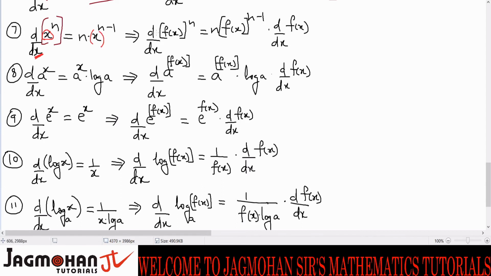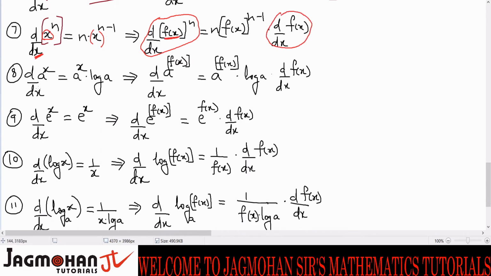So d by dx of f of x raised to n will be, as you know, every single time when we are writing a composite function of x, we are simply replacing x by f of x. So f of x raised to n will be n f of x raised to n minus 1 into d by dx of f of x.